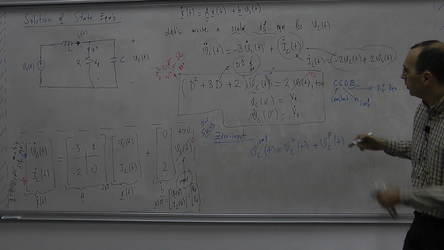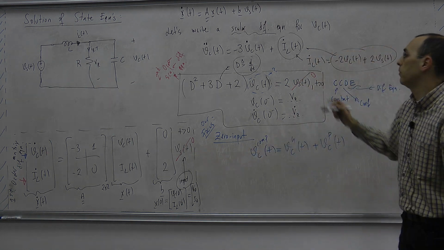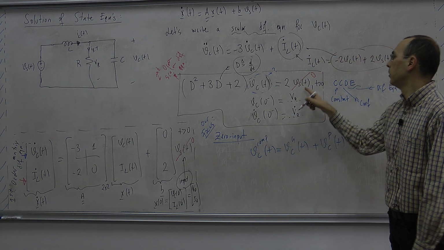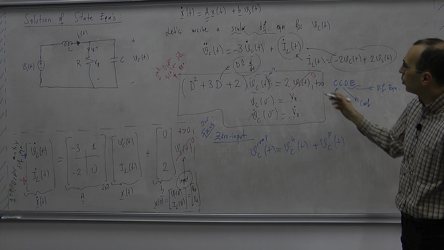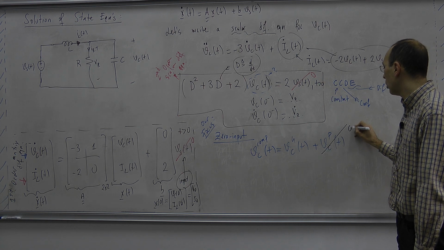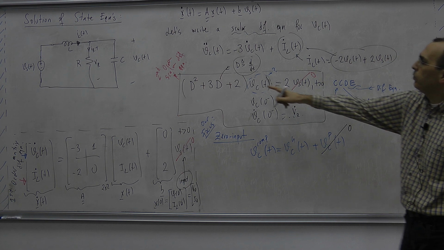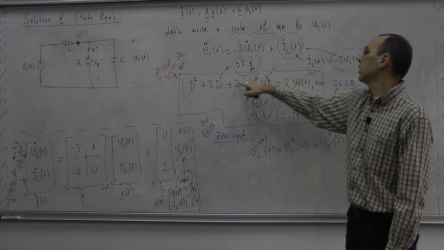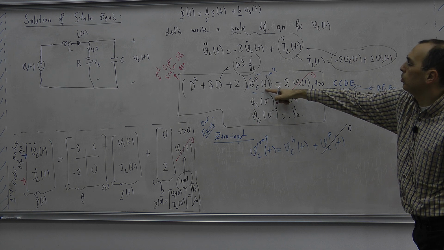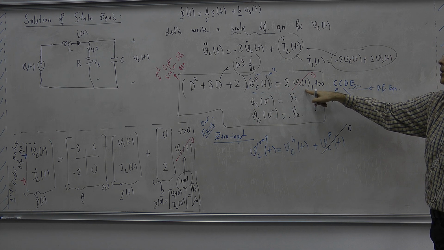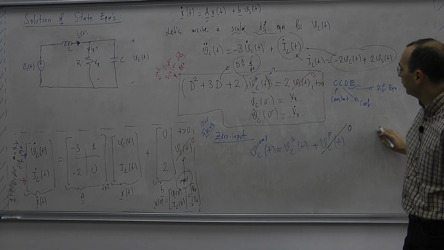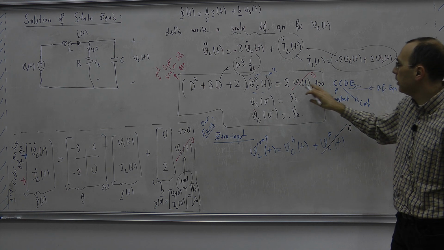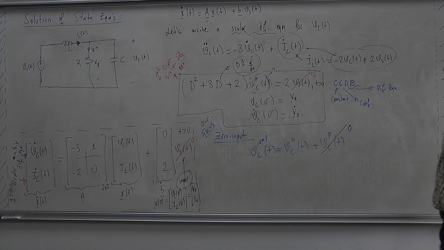But in this example, the source in this differential equation is equal to zero, and you can say that the particular solution is also equal to zero. Because if you insert a particular solution of zero over here, zero derivatives, whatever, on the left-hand side, you have the zero function, the right-hand side is also zero, everything is satisfied, you are happy. Essentially, in this problem, the particular solution is also zero.